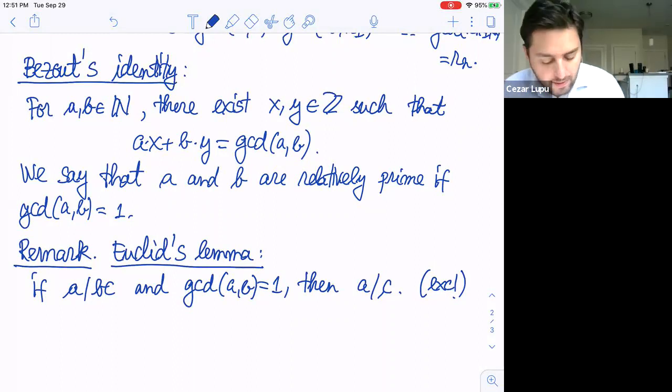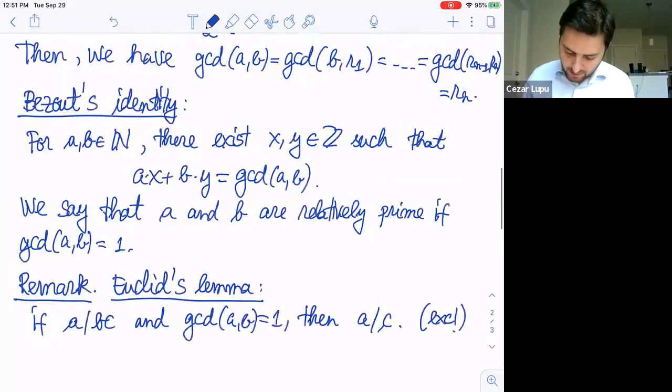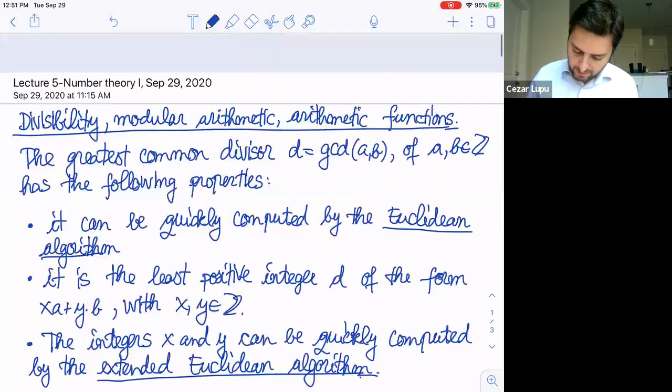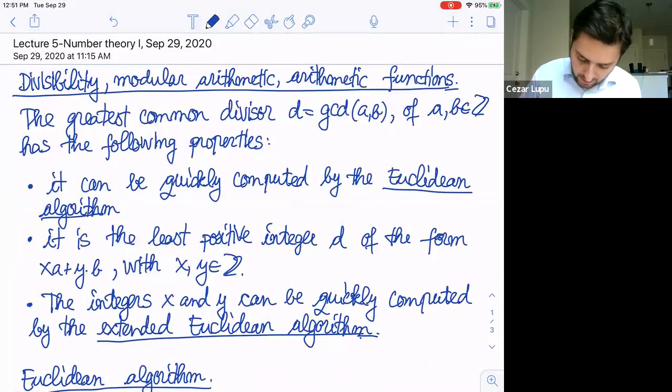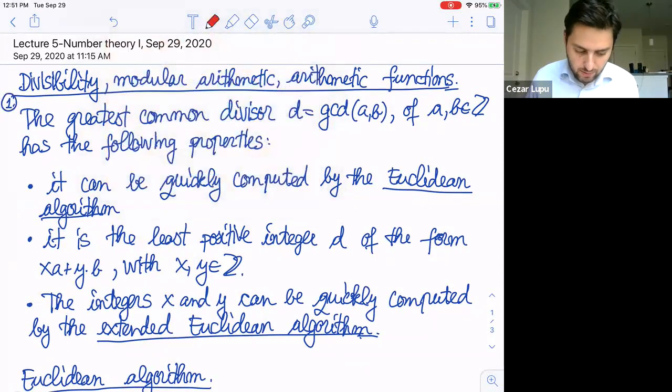All right. Now, I would like to talk a bit about the arithmetic functions. Maybe I should have written something here, part one, about divisibility, let's say. Let me write it in red.